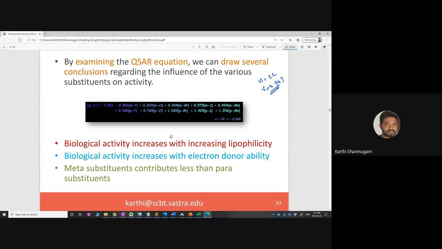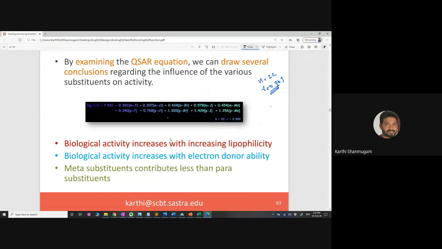Okay, a few more points we have to discuss with this equation. If you carefully look at the equation, a few things we can infer from this. The first thing is that, okay, let me ask you a question, right? It'll be easy for you to understand if you answer this question.